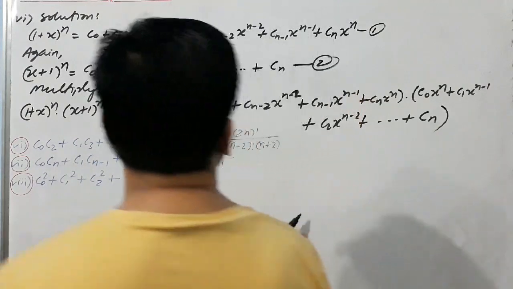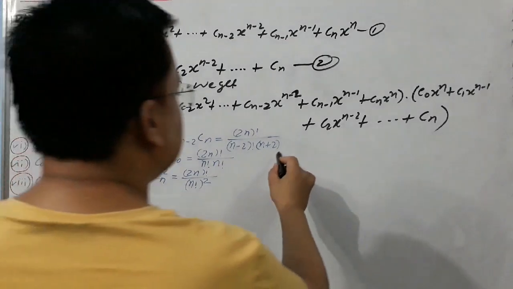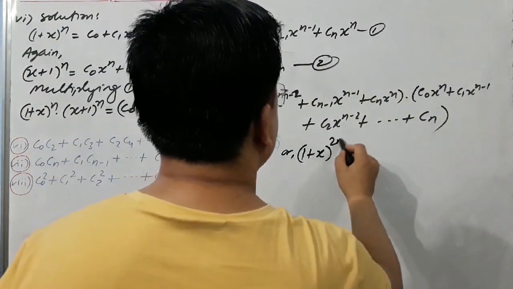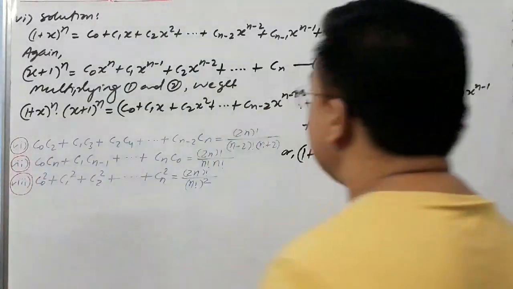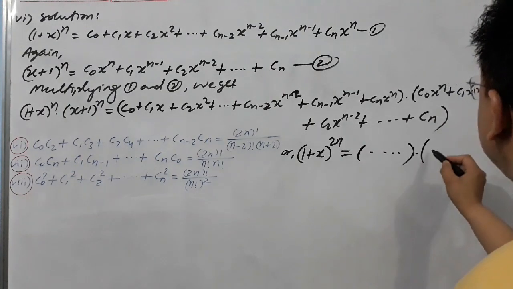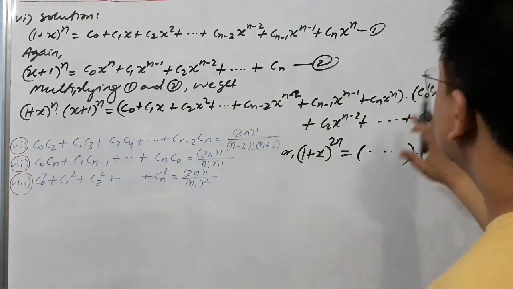Now after this, on the left hand side you have (1 plus x) raised to power 2n is equal to, on the right hand side you write the same thing, no need to expand, same thing write down.